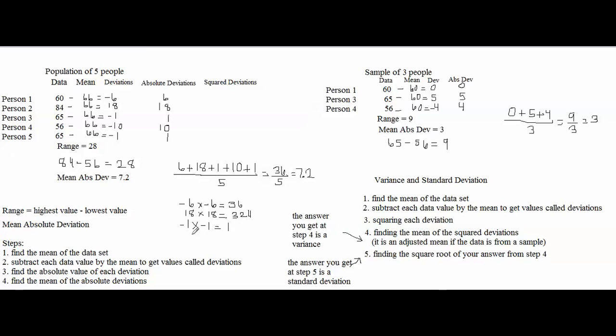The negatives cancel out. -10 times -10 gives you the same answer as 10 times 10. The two negatives cancel out, and 10 times 10 is 100. Now we have -1 times -1 again, which is just 1. So now we have all of our squared deviations. We'll put them in here.